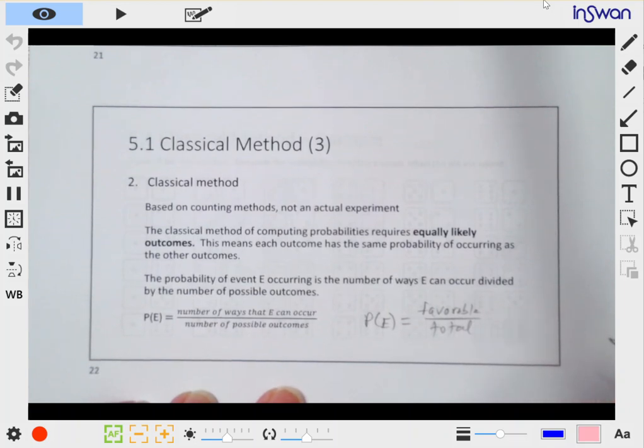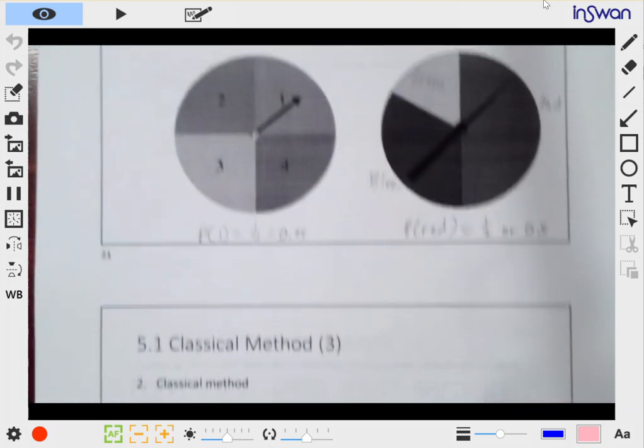So for example, when we spun the spinner in the previous slide, we said the probability of getting a 1 is 1 in 4. That's because there's one favorable outcome where we get a 1 out of 4 total possible outcomes. Okay, let's move on to the next slide.